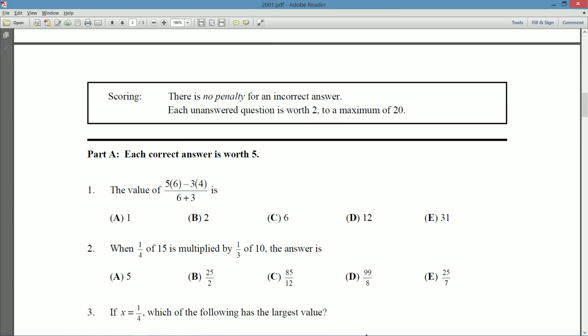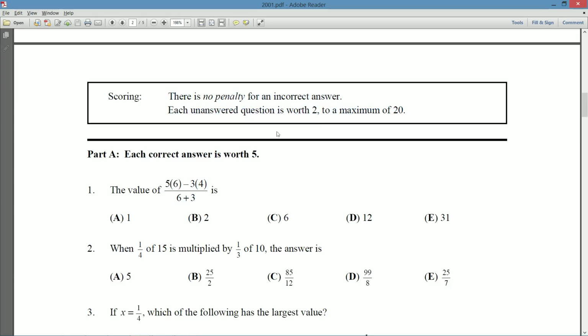I try to mention it when I remember, but there's no penalty for an incorrect answer, and each unanswered question is worth 2. So we don't want to be guessing. We want to acknowledge when we know something, and acknowledge when we don't. Only take a guess if you can narrow down your options, because even with 8 marks on offer in part C, a random guess will on average give you 8 divided by 5 points.